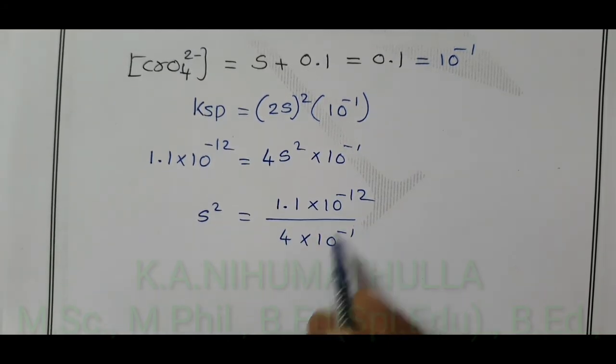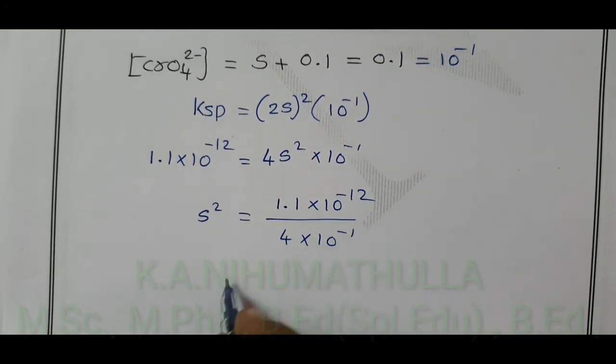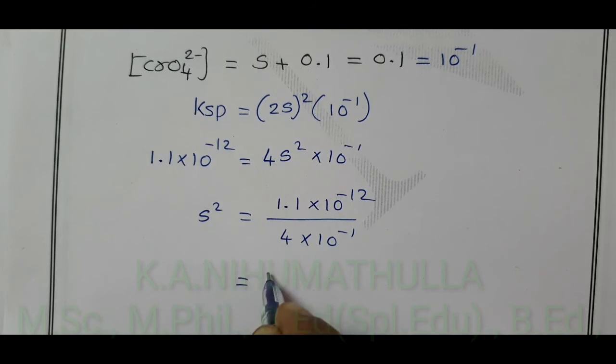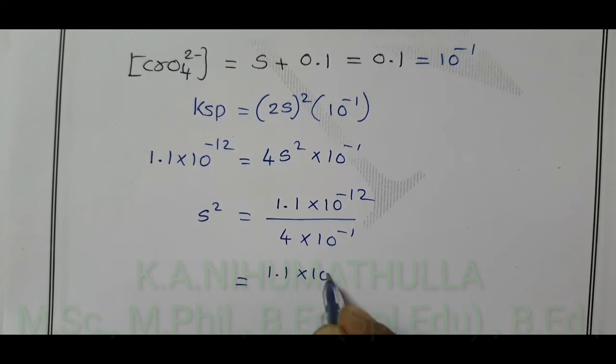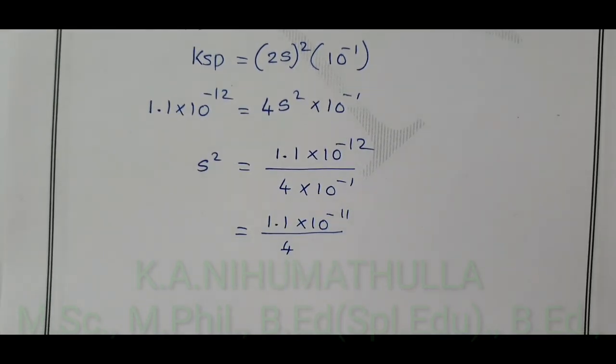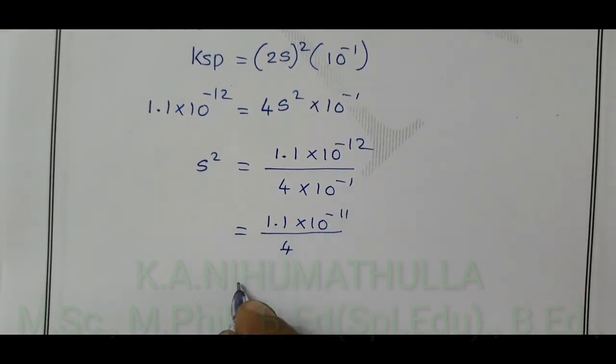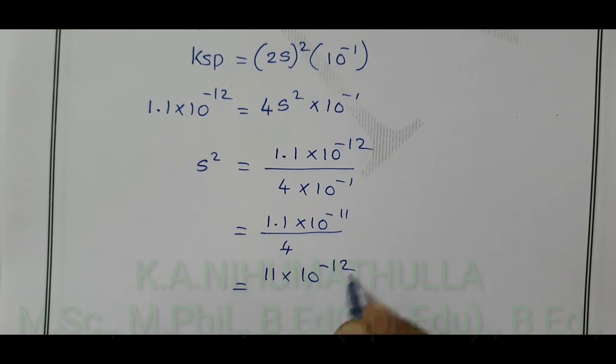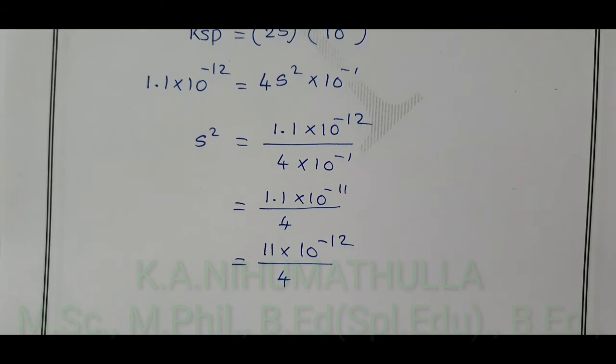When you cancel 10 power minus 1, 10 power minus 2, you will get 1.1 into 10 power minus 11 divided by 4. Or we can write 11 into 10 power minus 12 by 4. S squared equals. Now cancel 4 and 11.